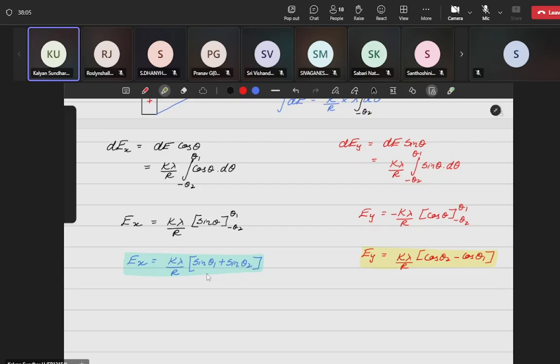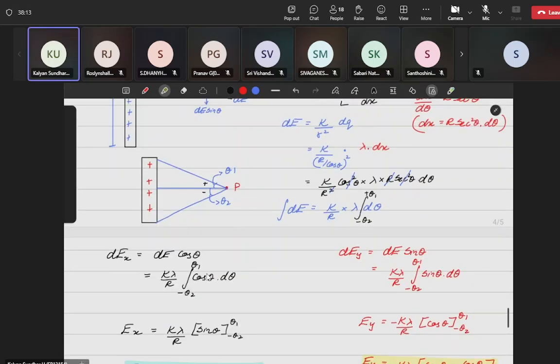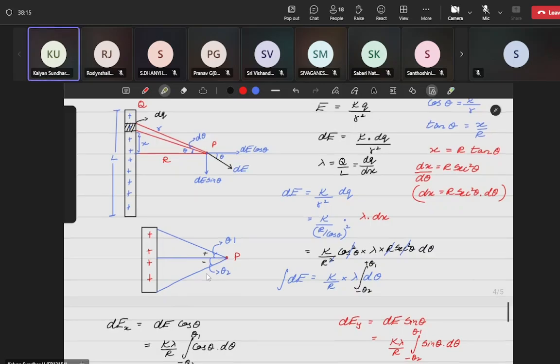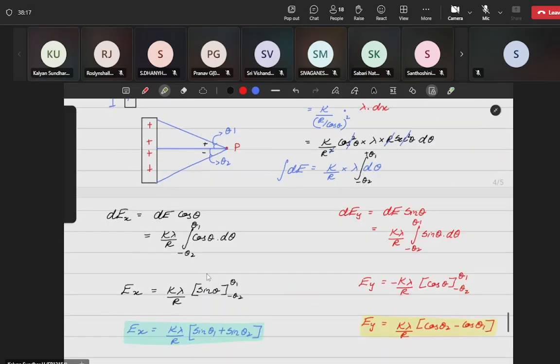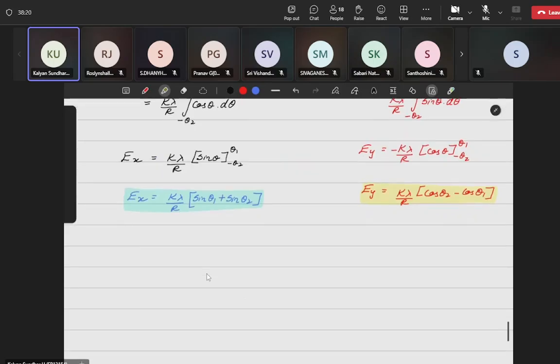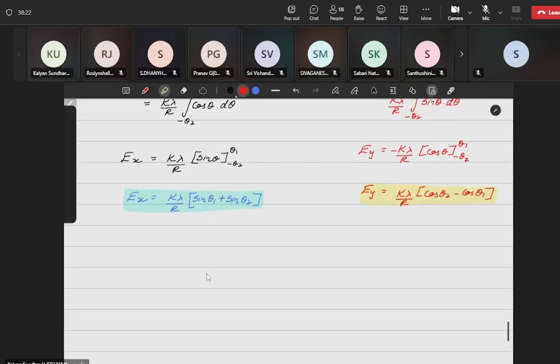We have not found the resultant yet. What will be the resultant? E resultant will be equal to the square root of Ex square plus Ey square. The angle between them is 90 degrees. So your overall net electric field produced due to a long rod, E total, will be equal to the square root of Ex square plus Ey square.